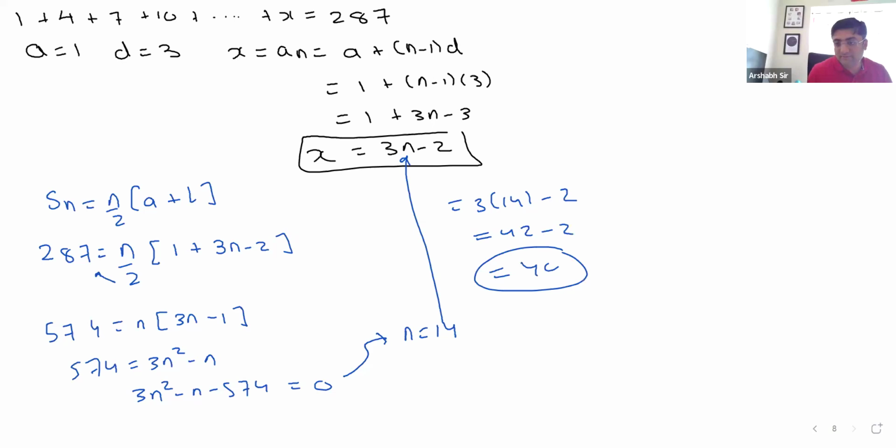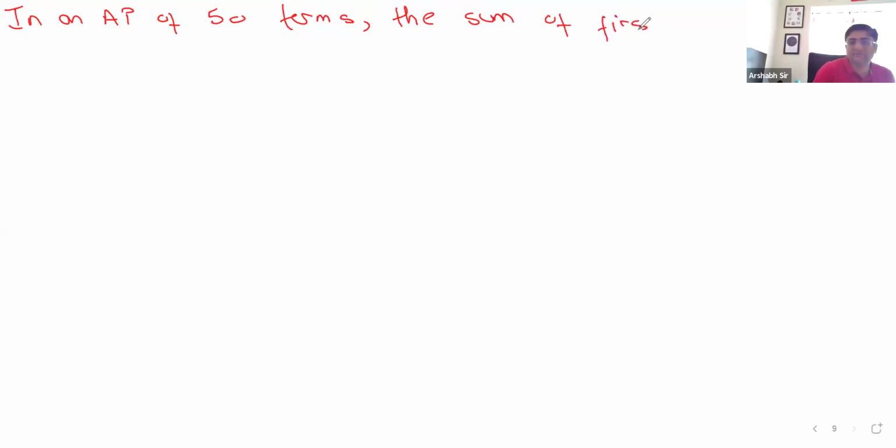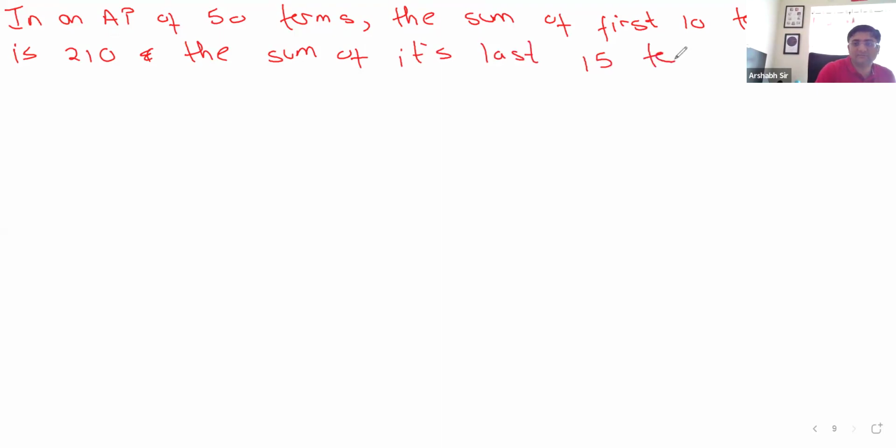और क्वेश्चन लिखो. We have, in an AP of 50 terms, the sum of first 10 terms is 210, and the sum of its last 15 terms is 2565.